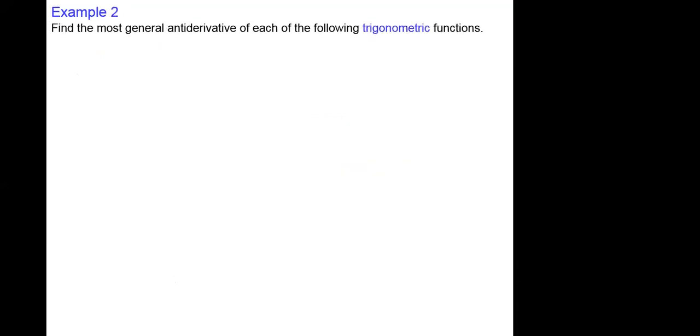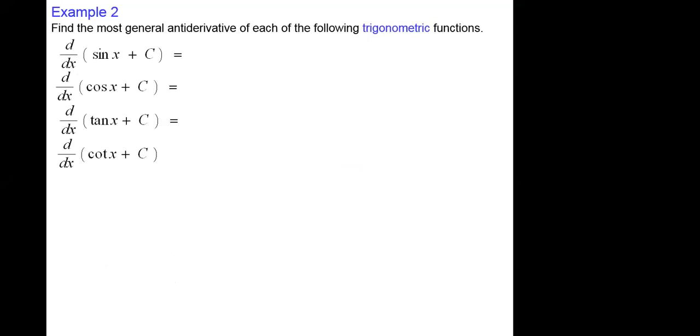Now, let's look at some trigonometric functions, because what we have to do is simply reverse, look backwards. We know the derivative of sine of x is cosine of x. Derivative of cosine of x is negative sine of x. Tangent of x, secant squared.